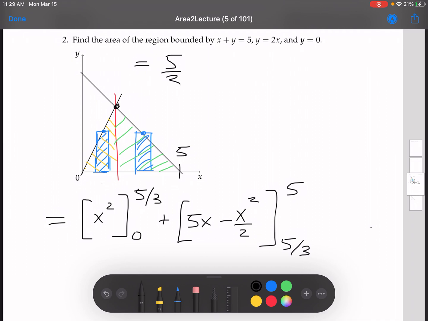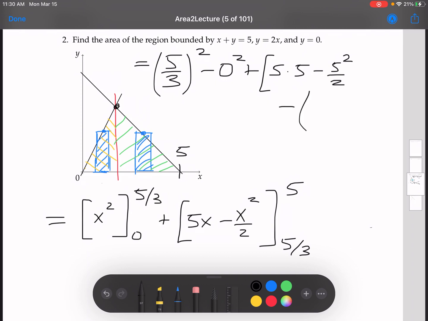So we have 5/3 squared minus 0 squared, plus 5 times 5 minus 5 squared over 2, minus 5 times 5/3 minus, pulling the half out front, 5/3 squared. Okay, I think I did all that right.